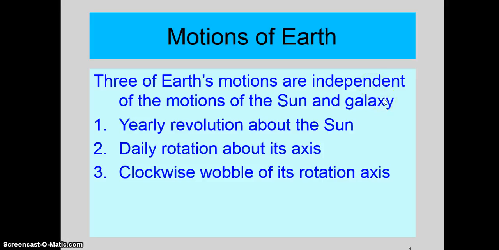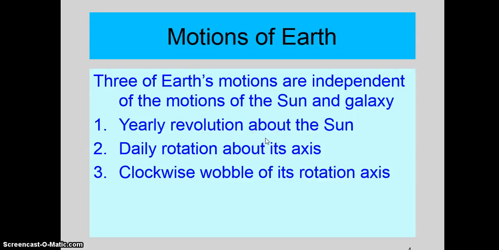So here are the motions of the Earth when we just think about the Earth with respect to the Sun, with respect to the rest of the solar system. Obviously we have our yearly revolution around the Sun. Actually, it's important to use these two words differently.